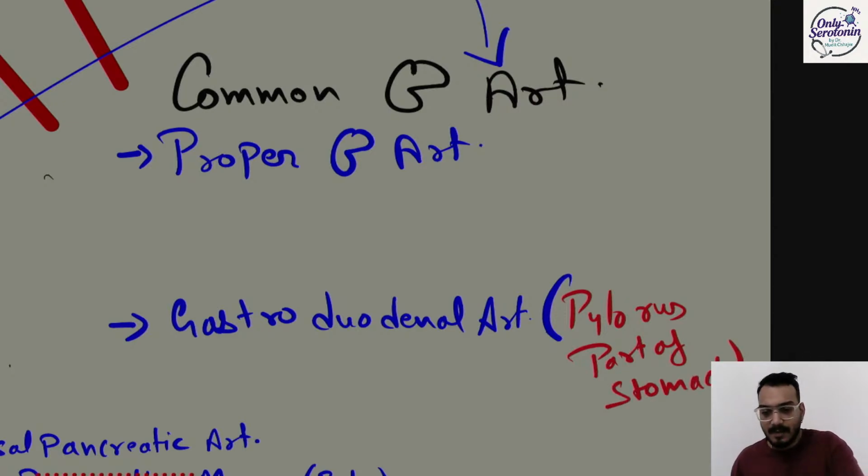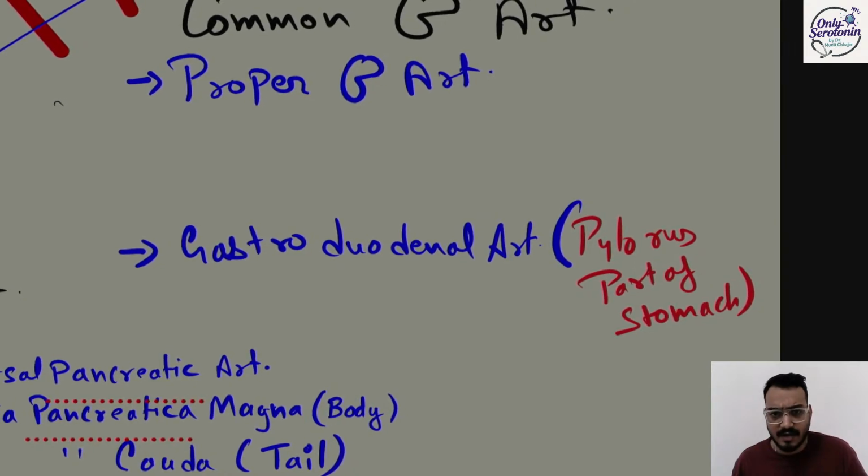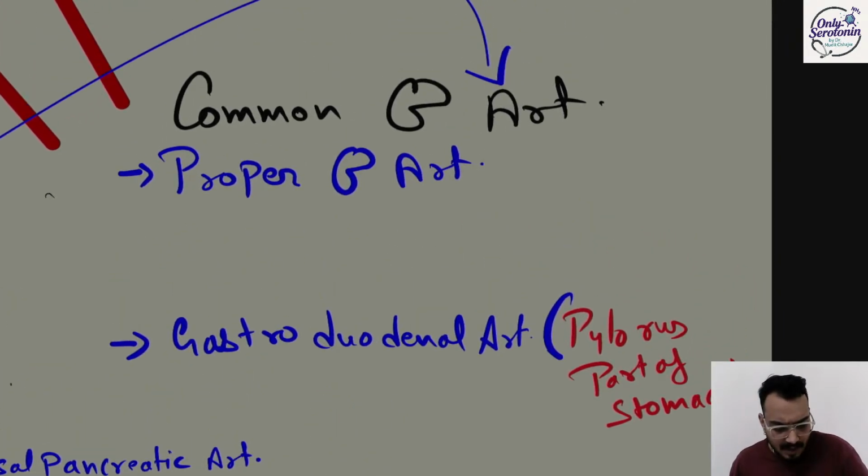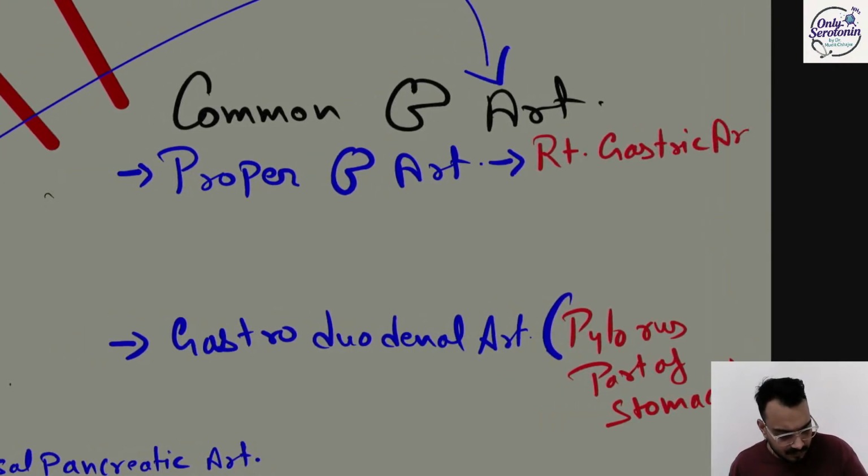Now, proper hepatic artery is having three branches, and gastroduodenal artery is going to have two branches, right? What are the branches which are supplied by proper hepatic artery? Proper hepatic artery is giving me three branches. Out of them, the first branch is my right gastric artery. Then I am having left hepatic artery.